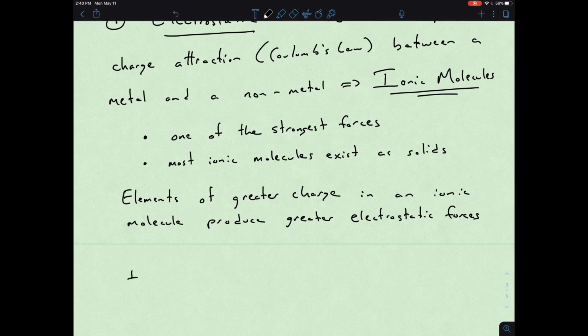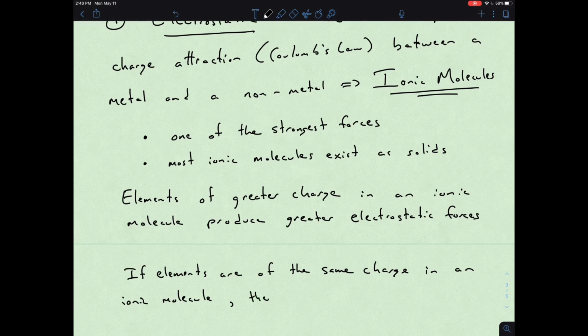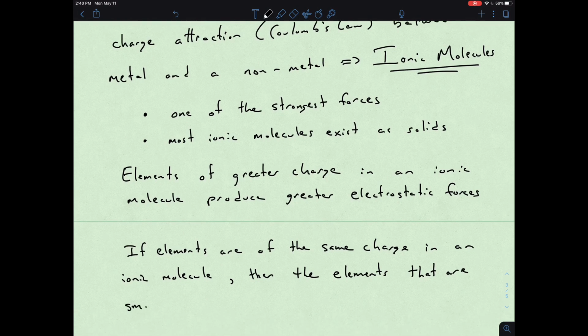And then if elements are of the same charge in an ionic molecule, then the elements that are smaller produce the greater electrostatic force.